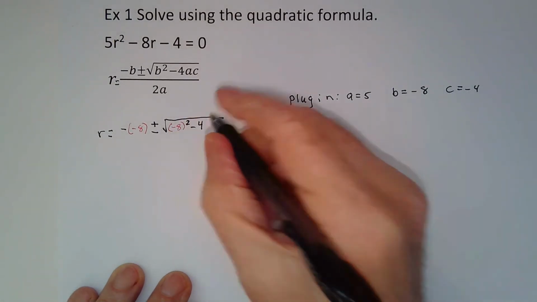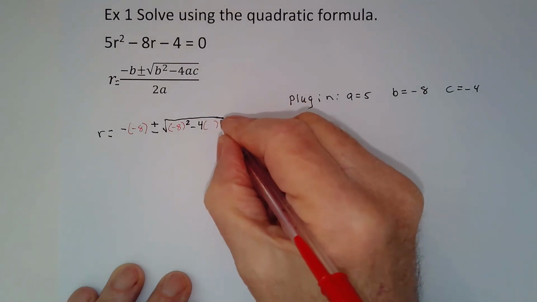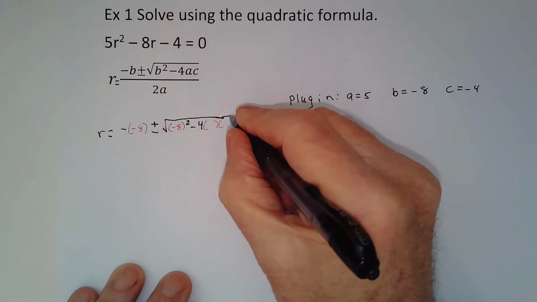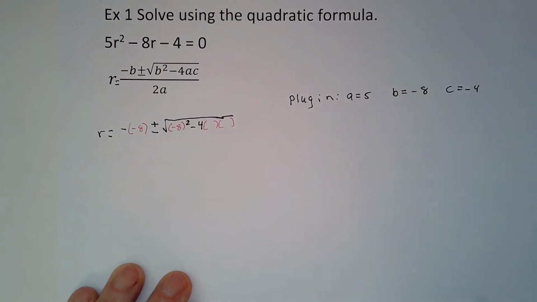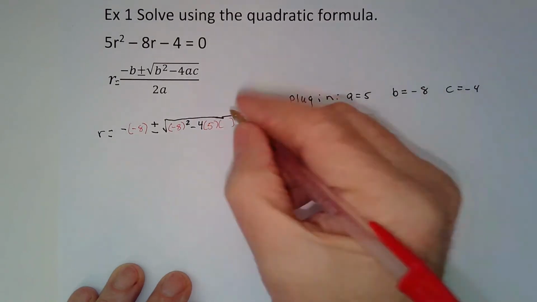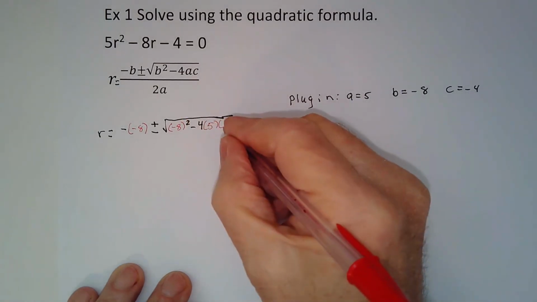Minus 4 times a times c. I'm going to put those in parentheses. And a is 5, c is -4.